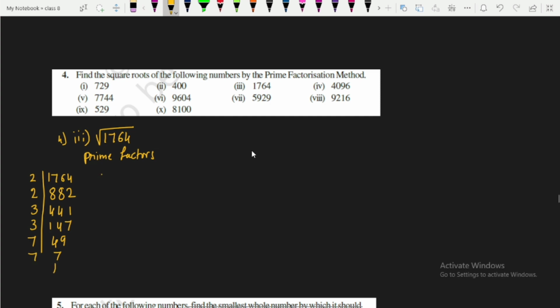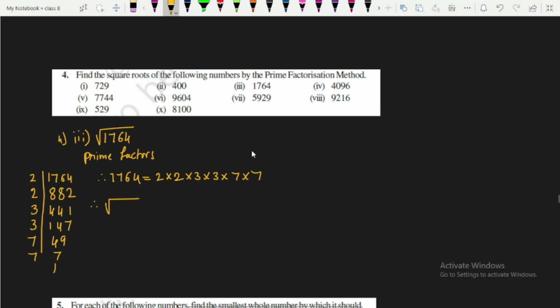So the prime factors of 1764 are 2 into 2 into 3 into 3 into 7 into 7.